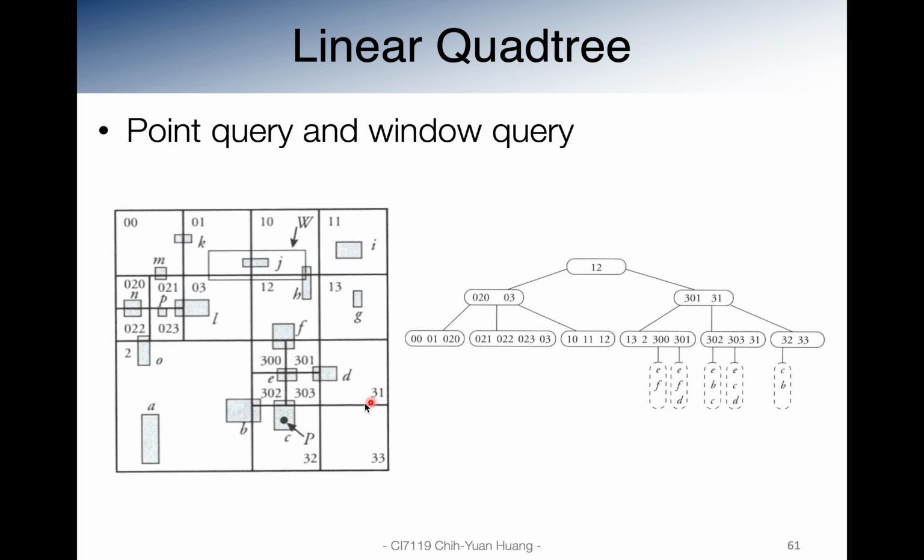However, if it's a linear quadtree, we first need to calculate where P is located. The first label of P is 3, and then the second label of P is 3, 2, and maybe the third label of P is 3, 2, 0, and so on and so forth.